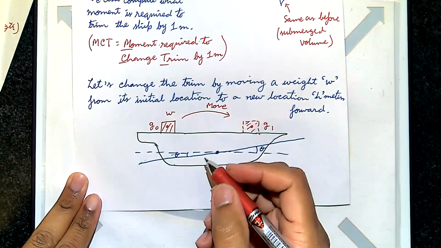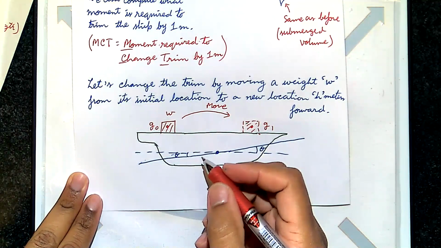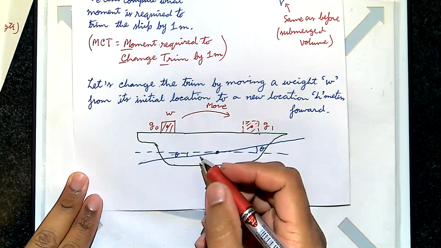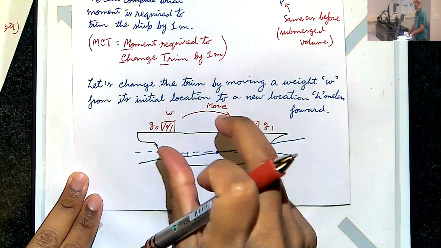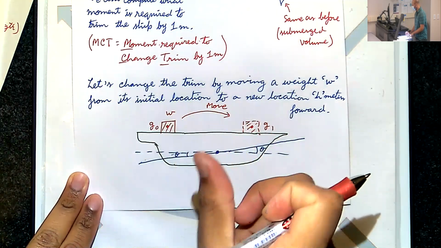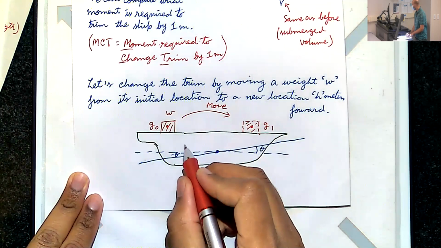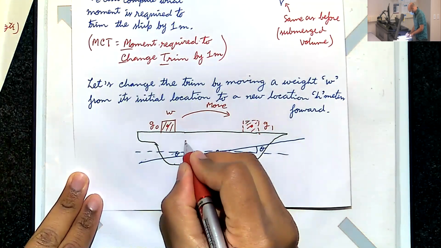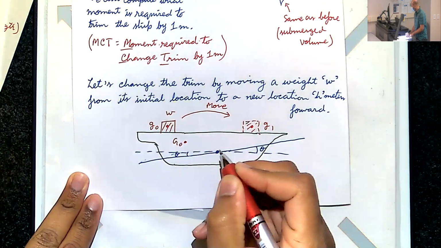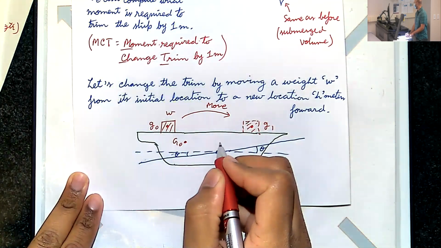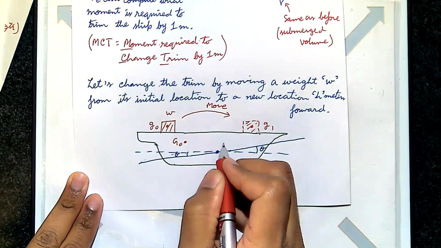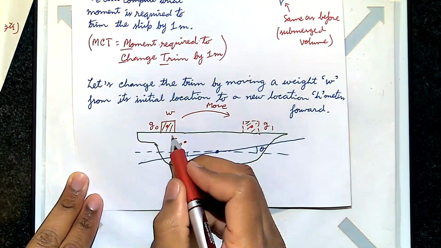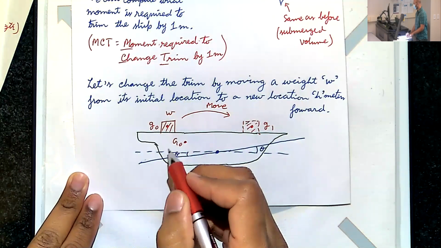It'll basically change the angle of the hull, but if we are here at G0, it'll move forward. Will it move up or down? It'll stay the same, because we didn't add any mass, we didn't subtract any mass.